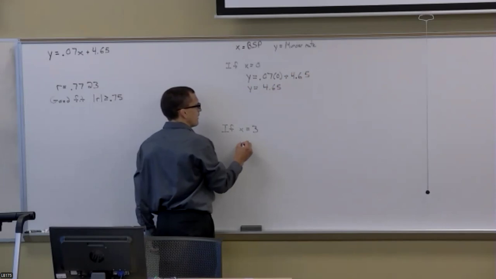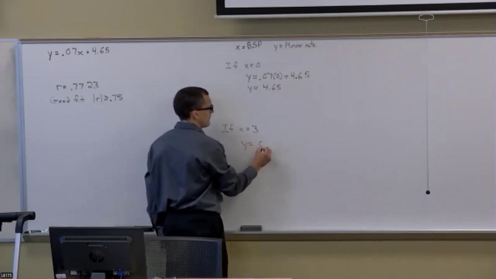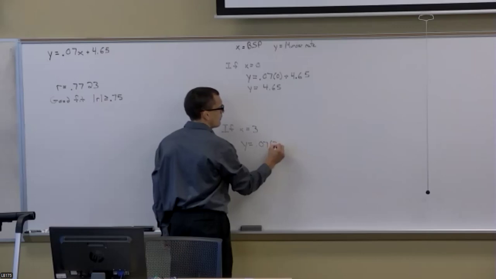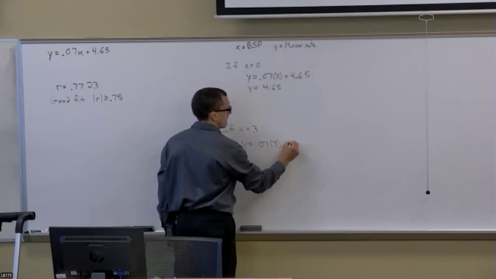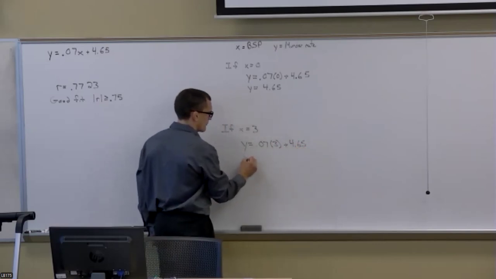And in the same way, if the Brady scorecard points were at 3, what would the line predict the murder rate to be?